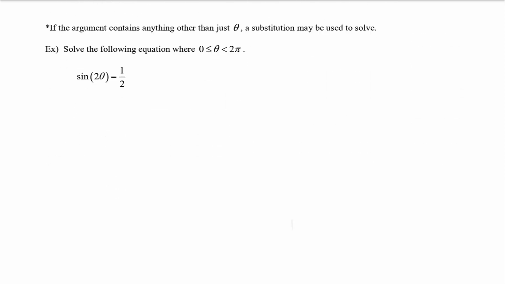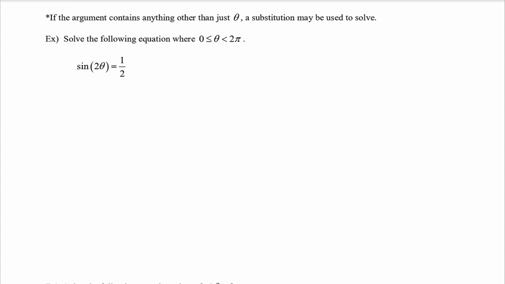All right, so how can this get more complicated? Well, it can get a little bit more complicated, but not terrible. So for example, what if I had sine 2 theta equals 1/2? Well, we're not used to having a 2 in the argument.